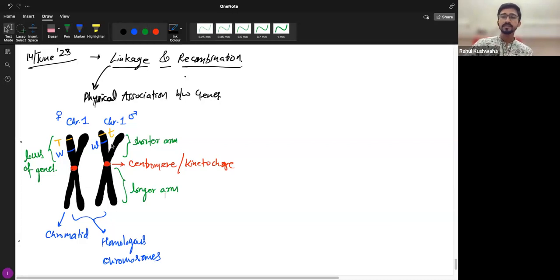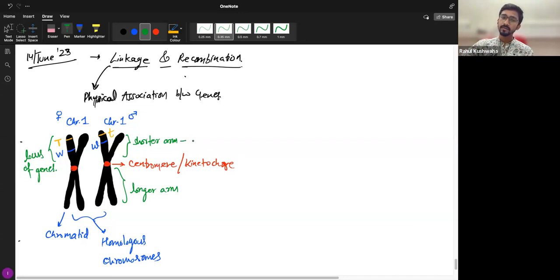So centromere is not exactly in the center. In some chromosomes, it is in the center. In some chromosomes, it is away from the center, on the basis of which we divide chromosomes into different categories: telomeric, centromeric, etc. But we'll talk about it later. But you understood that if it is not in the center, it will have two different arms, right? One short and one long.